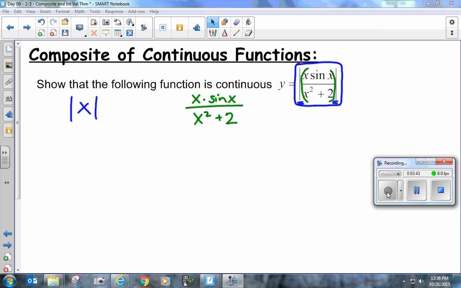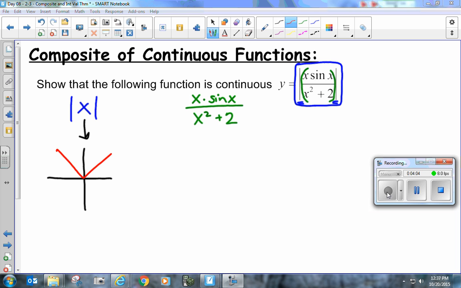According to my rules, if I can prove that both of those functions separately are continuous, then the composite, or the combination of both of those functions, is also continuous. First, let's start with this. This is just an absolute value. If I were to graph this, the absolute value function looks like this. That is definitely continuous.